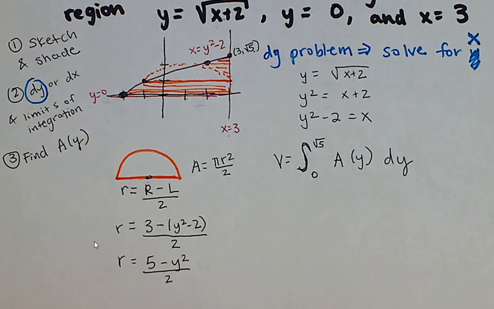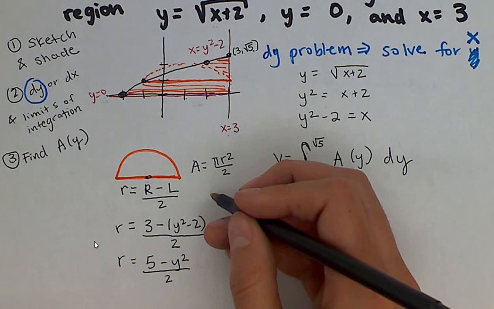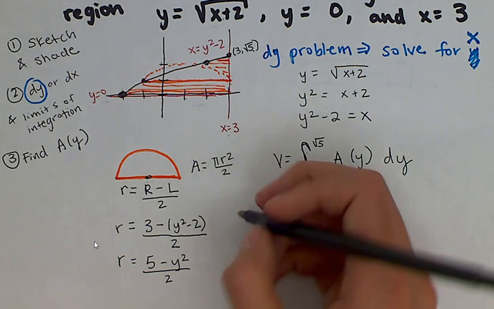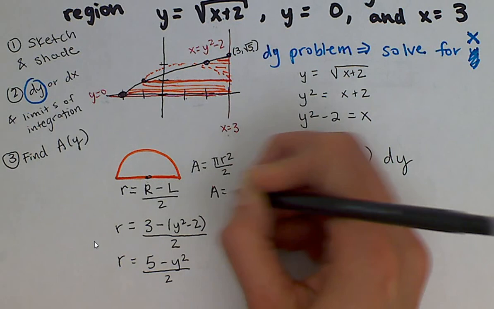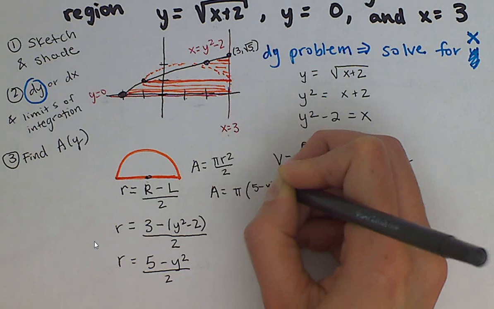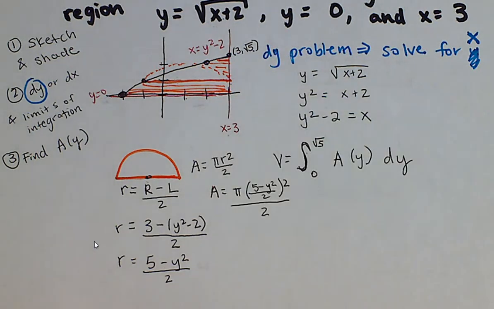Okay, now I plug this back into my area. So I'm going to plug my radius into my area function. So my area equals pi times 5 minus y squared divided by 2, squared, divided by 2. Don't be overwhelmed. This is just algebra. It's okay.